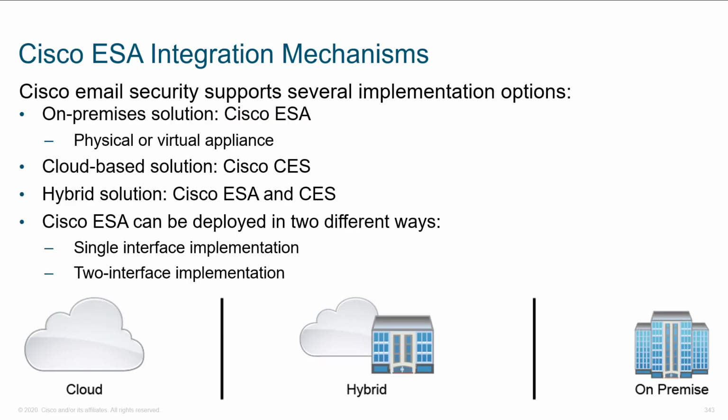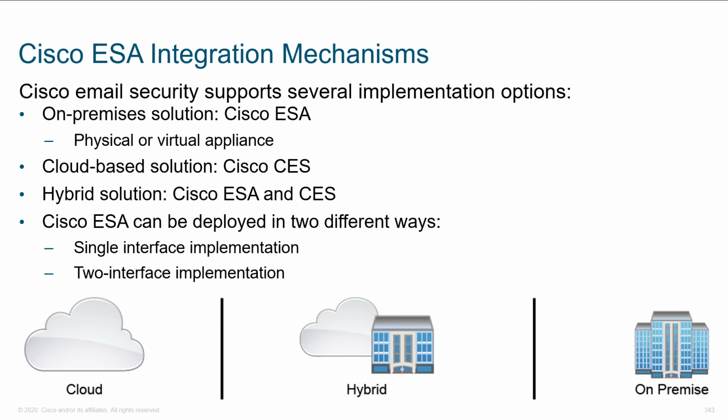So the Cisco ESA integration mechanisms, a couple different solutions for you. And this is kind of an interesting time. I've worked for customers that tend to do things on-premise. They want to have control of their own hardware. They want to do everything in-house. They're real big on physical security.